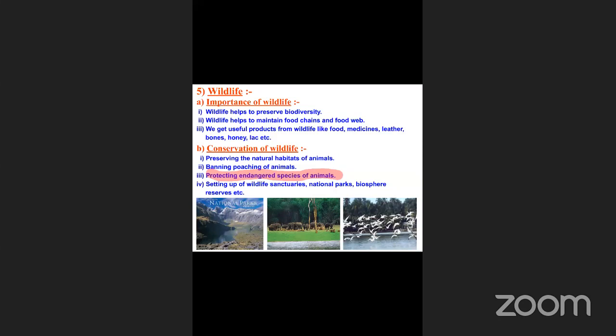Yes. So setting up of wildlife sanctuaries, national parks, biosphere reserves, etc. can be done to conserve the forest. So you can see this picture, the national parks and reserves in New Zealand.